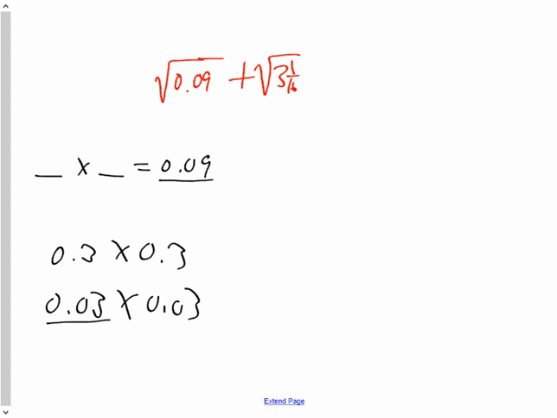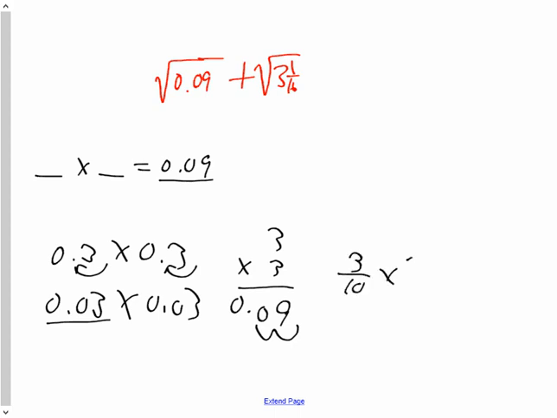But if you remember back to grade 4 or 5 when you learned multiplication, if I was to drop these decimals and just multiply 3 by 3, I'd get 9. I have one decimal place here, I have one decimal place here, which means in my answer, I'm going to have two decimal places.